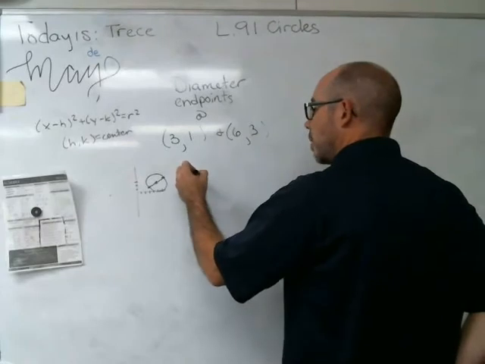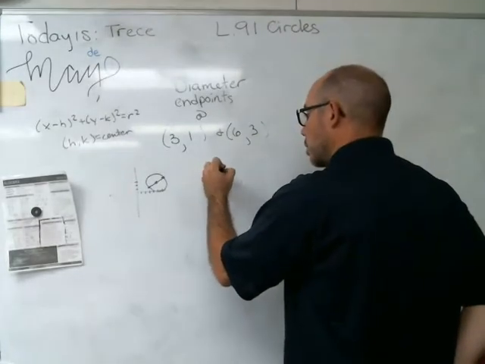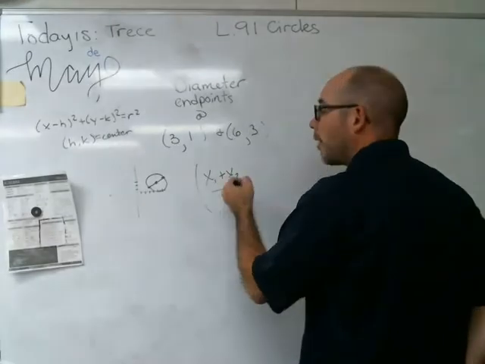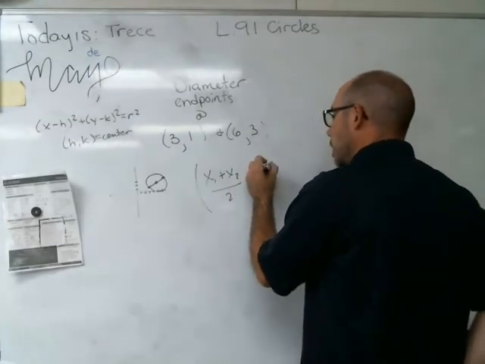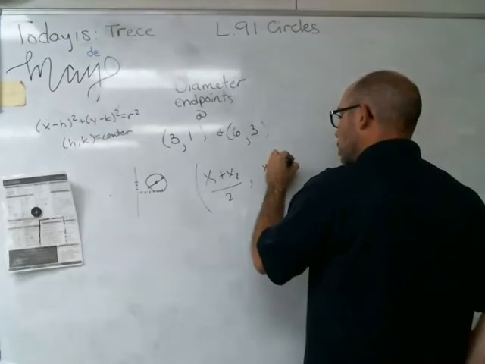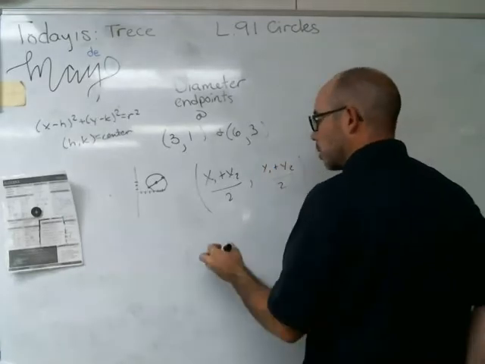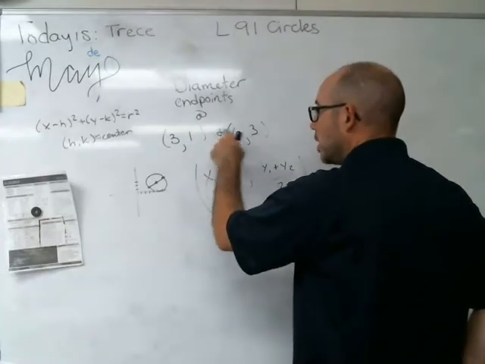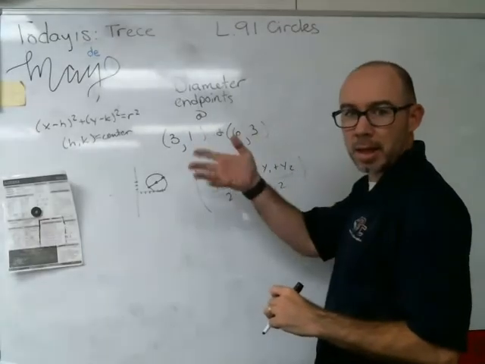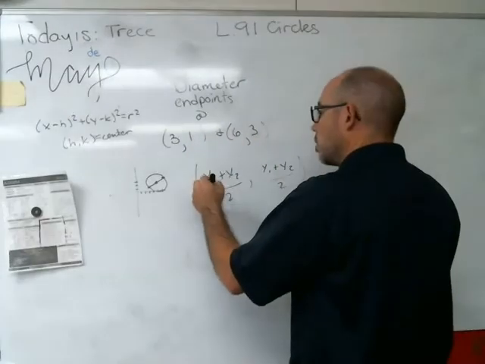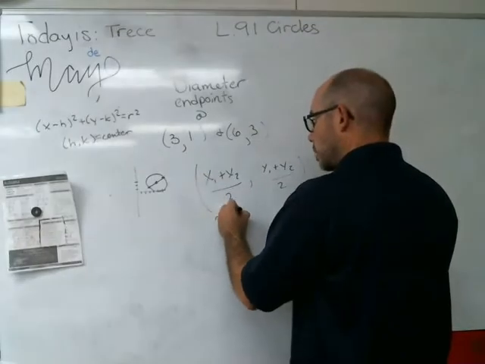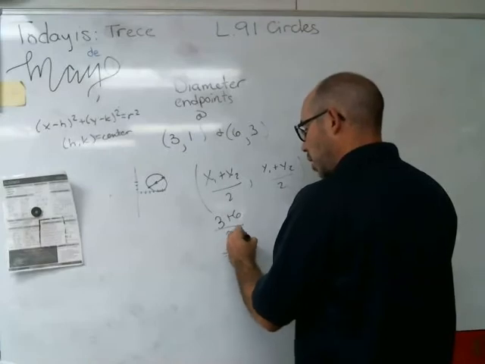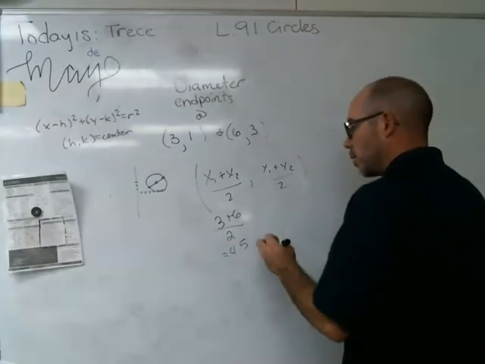The midpoint is found by averaging the x points and averaging the y points. So the midpoint here is halfway between 3 and 6, and halfway between 1 and 3, x and y. So 3 plus 6 over 2 equals 9 over 2, which is 4.5.